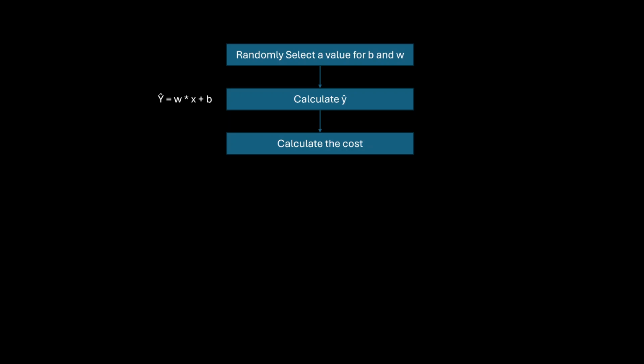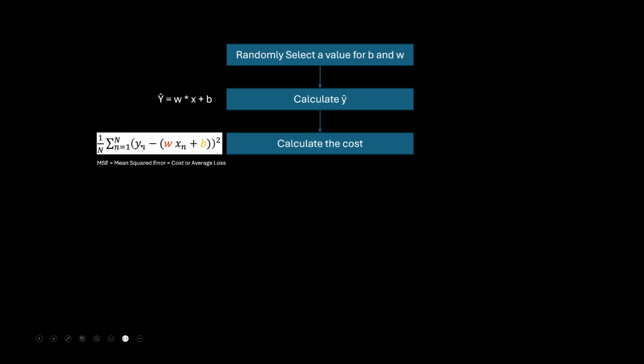One way to calculate this cost is shown in this formula, which may look overwhelming, but it's not. So y sub n is the ground truth for one output value, because we always have a large data set of inputs and outputs during training. So this is a value for one sample. A sample is an input and corresponding output.